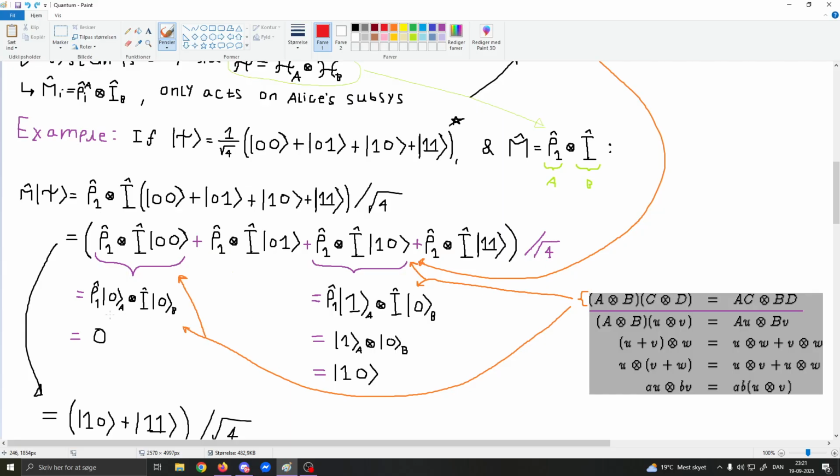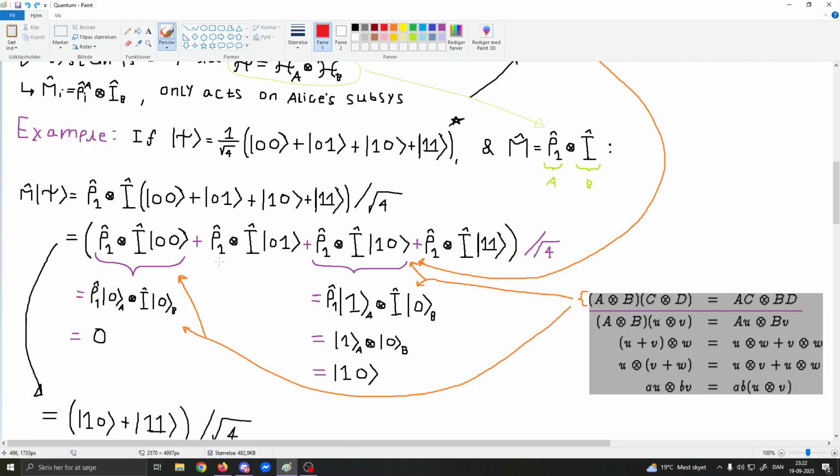We see that a projective measurement onto a ket 1 of a ket 0, which are orthogonal to each other, is an inner product of bra 1 with ket 0, which is 0. So this entire expression becomes 0.